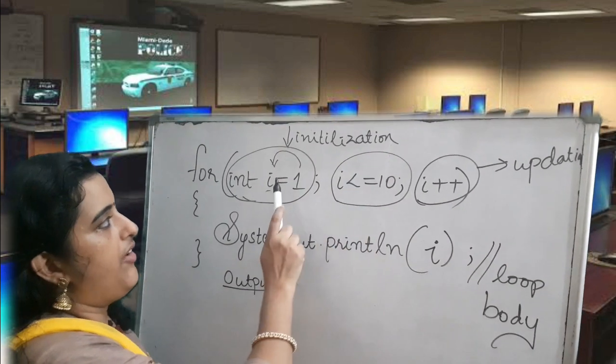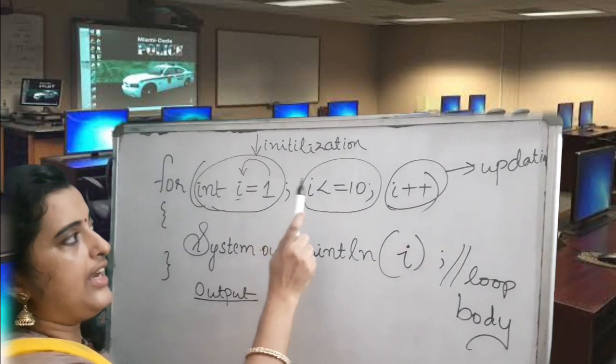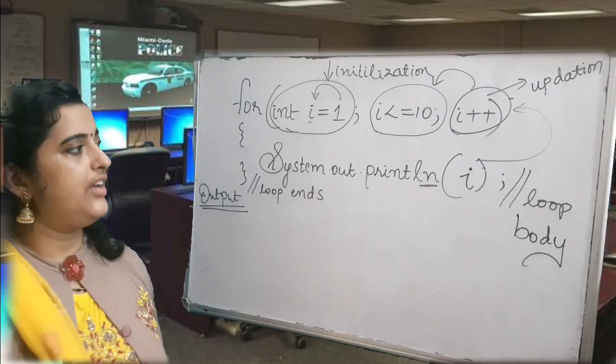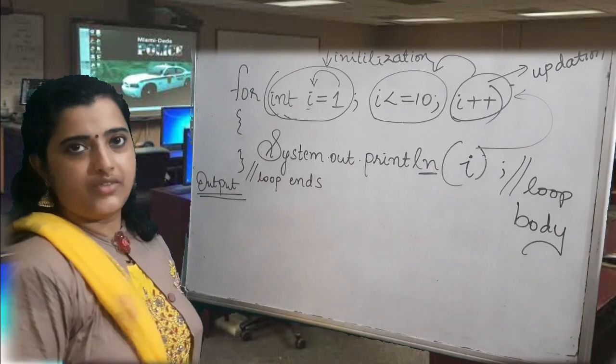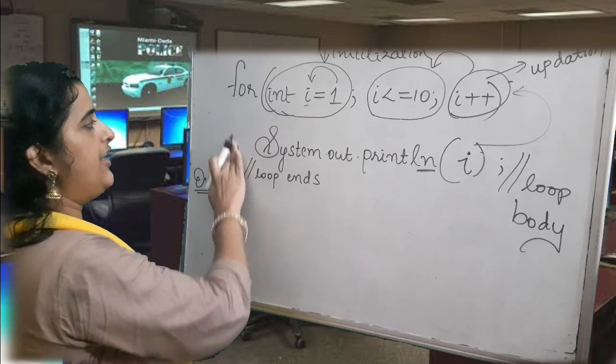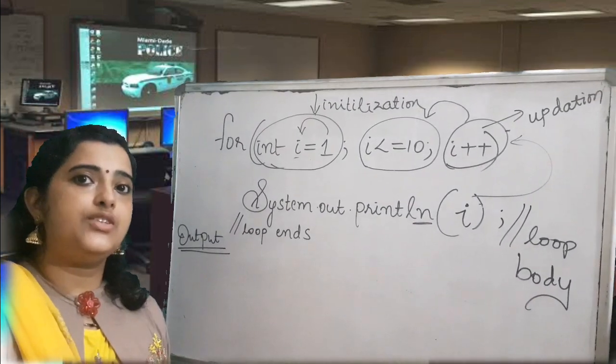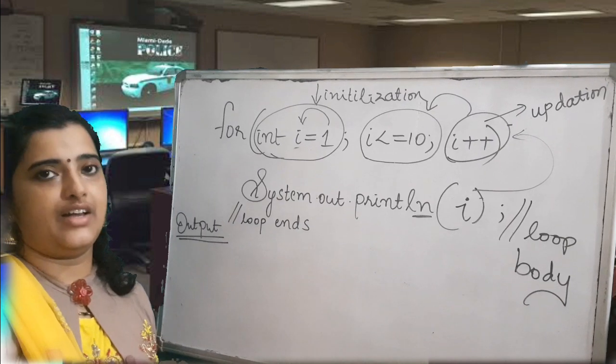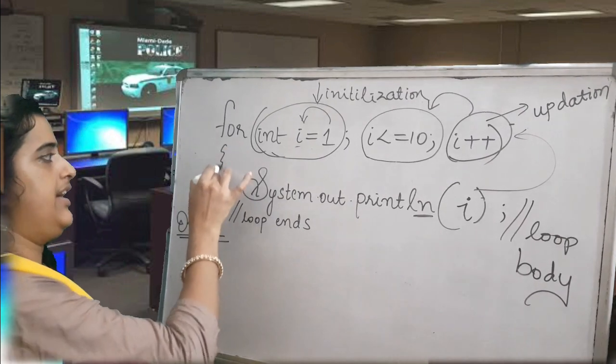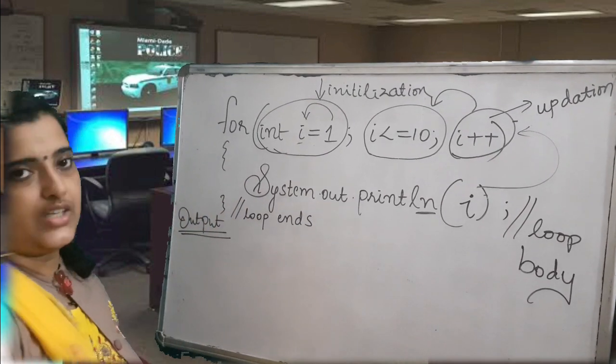After initialization, the condition will be checked. When there is only a single statement in your loop body, you can either include the curly braces or exclude them. But it is compulsory to include the curly braces when there is more than one statement inside the loop. So now we can check the output.